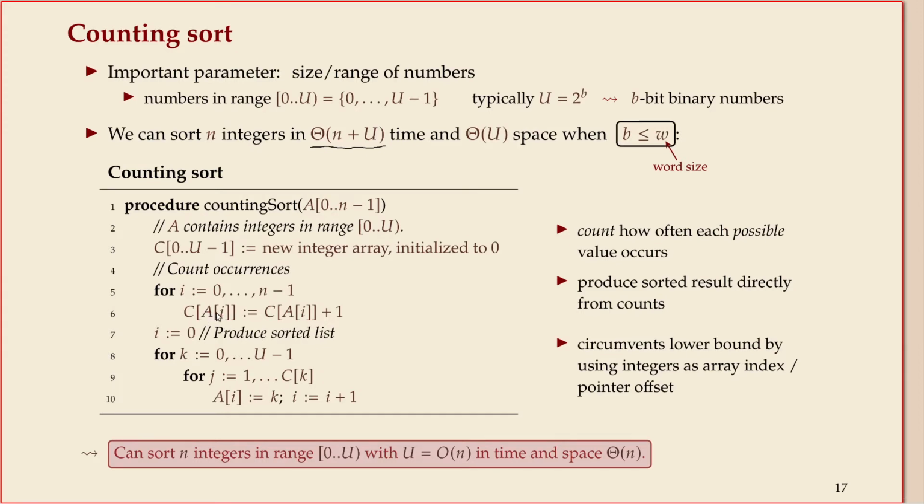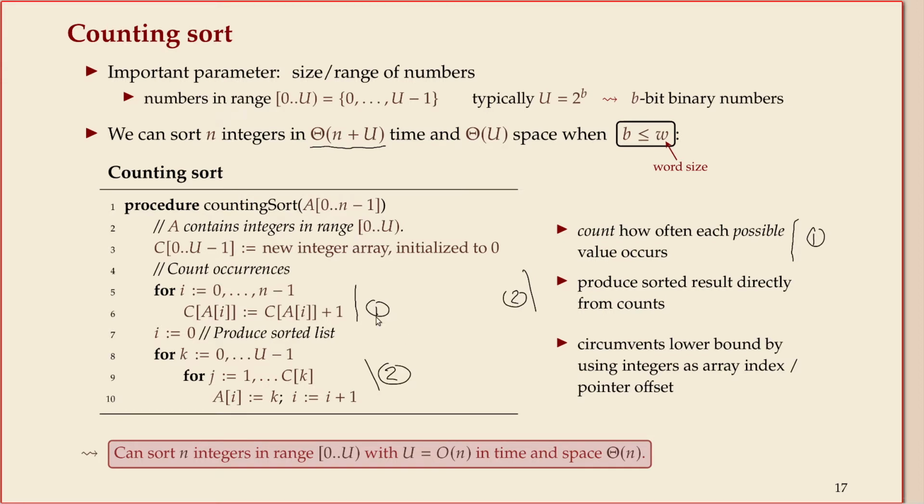So you use the element in the array A, the numbers that we're sorting, as an index in the array C. And that's a fancy way of saying determine how often each value occurs. That's just this. And once we have the counters, we can produce a sorted list of these numbers by just producing as many copies of each number as we have in the counts. That's what the second loop does. But there's no magic going on really.